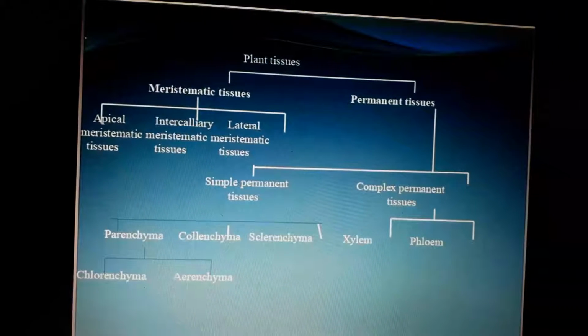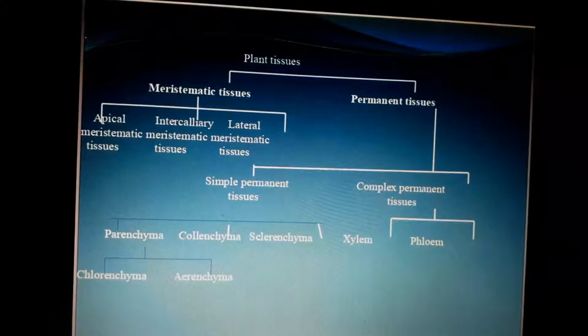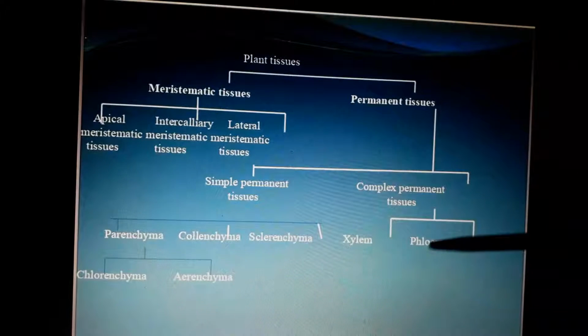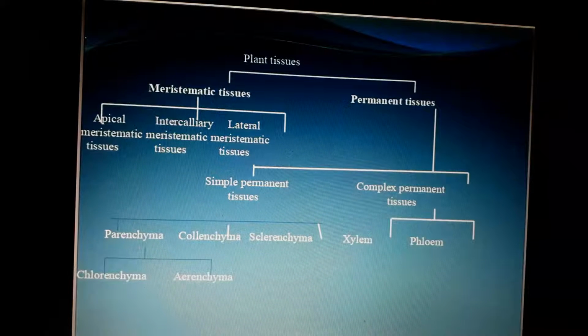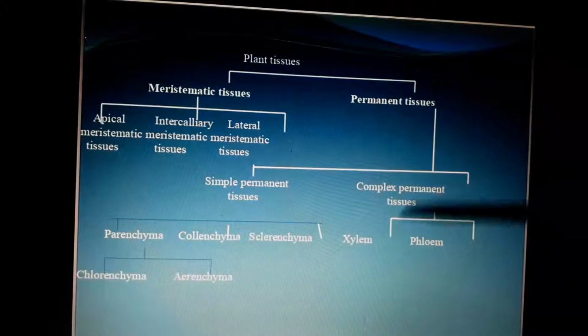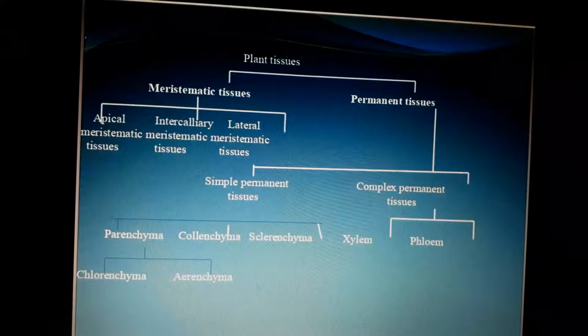The water we pour in the root of plants reaches the leaf. Yes or no? The root absorbs the water and that water is taken to the leaves. That is done by these types of tissues. Actually they are plant cells, but a combination of plant cells are tissues, and xylem and phloem are complex permanent tissues. Their work is to carry water and minerals throughout the body of the plant.